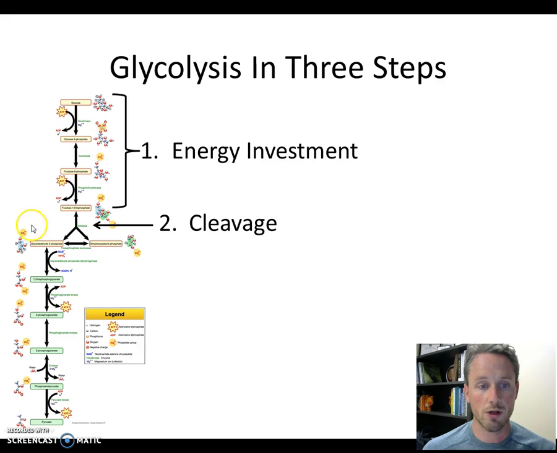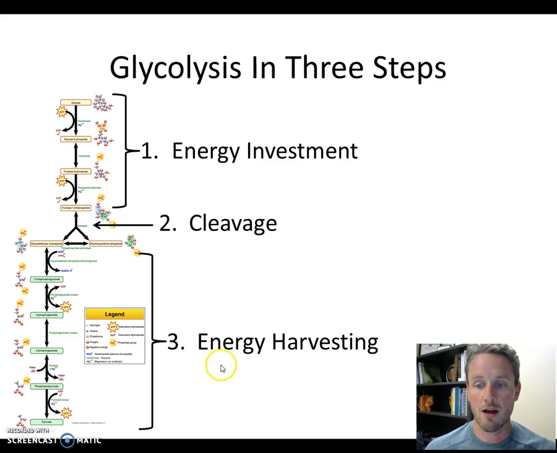So we start with 1 glucose, and we're going to end up with 2 of these molecules in the middle because we broke glucose in half. And then the bottom steps are going to represent energy harvesting. This is where we're going to get energy out of the molecule that initially began as glucose. All right, so let's look more closely at these 3 steps.